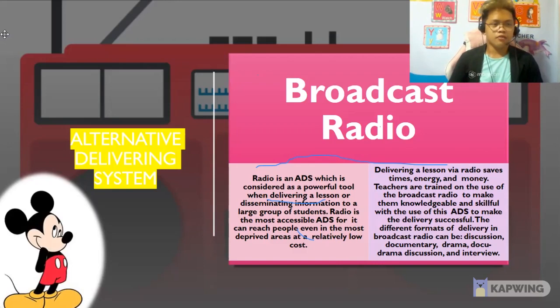The advantage of this alternative delivery system is saving time, energy, and money.